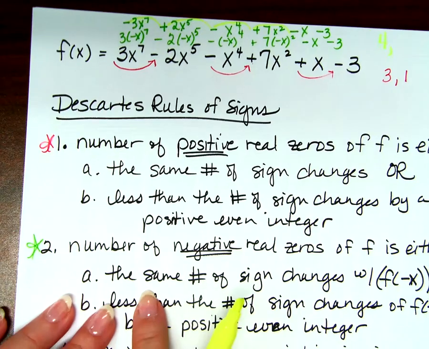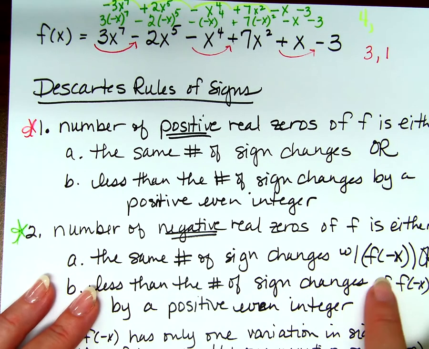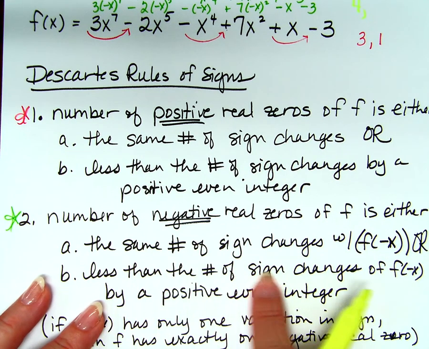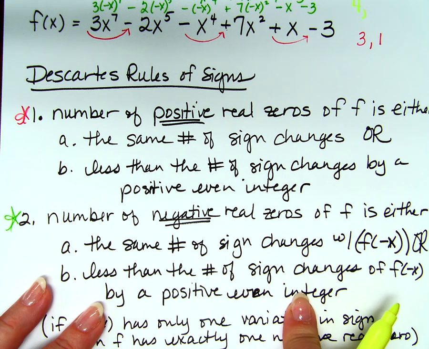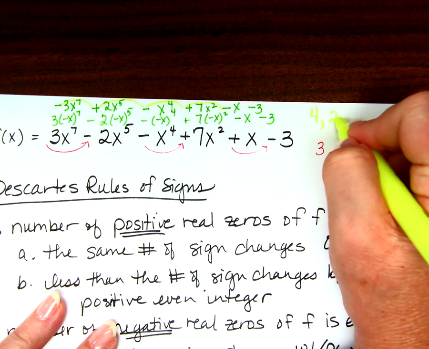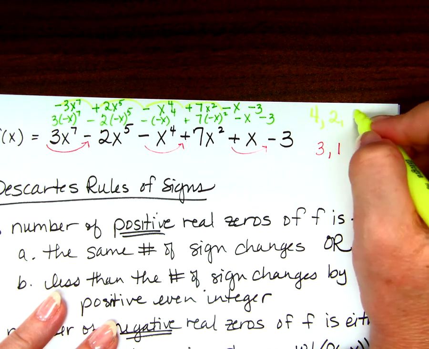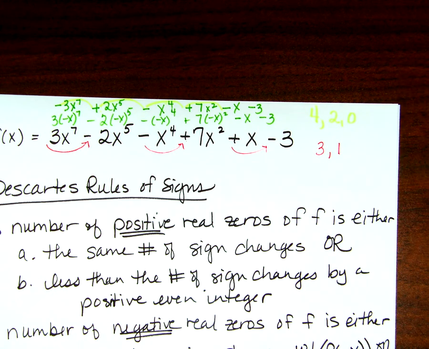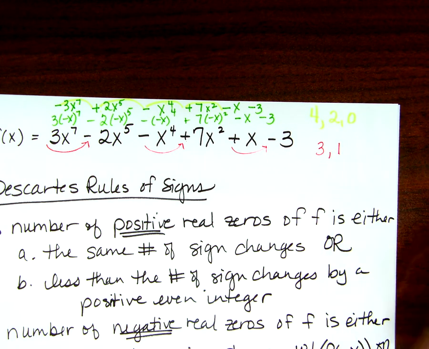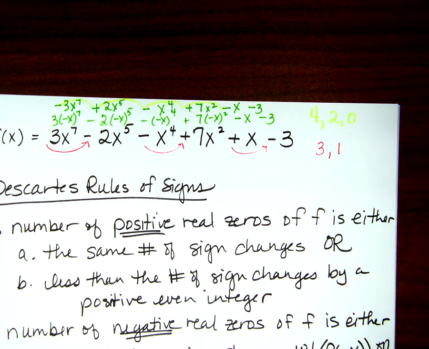So I either have the same number of sign changes when I do f of negative x, or less than that by 2. So I either have 4 or 2 or 0. However many sign changes I have, I subtract 2 until I can't subtract 2 anymore. Does that make sense? Okay. So that's Descartes' rule of signs.